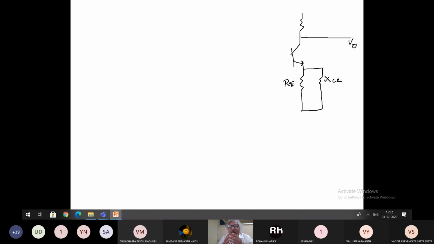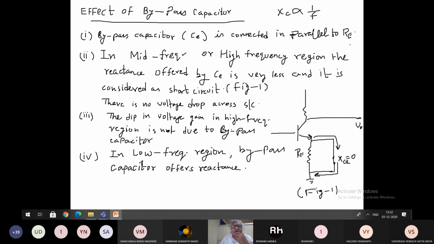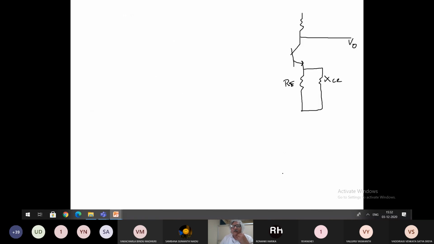So the voltage gain will decrease. This explanation is for your figure 2.